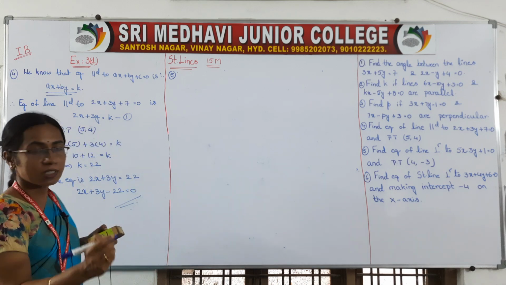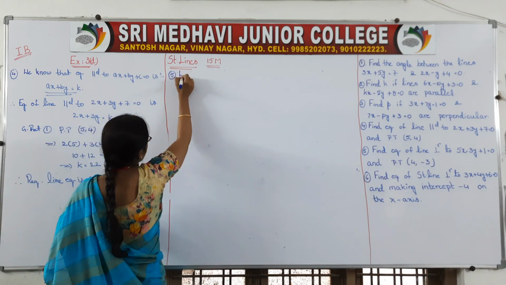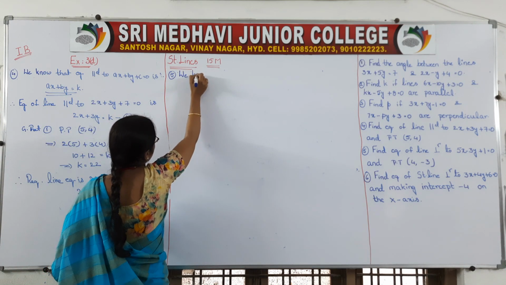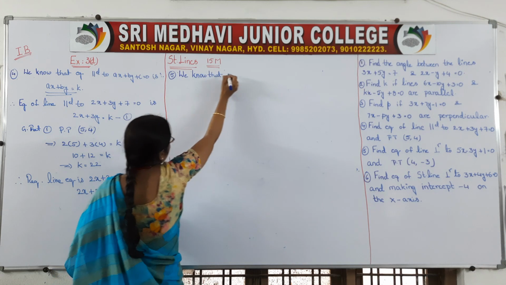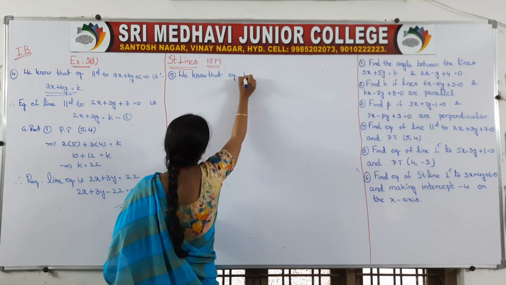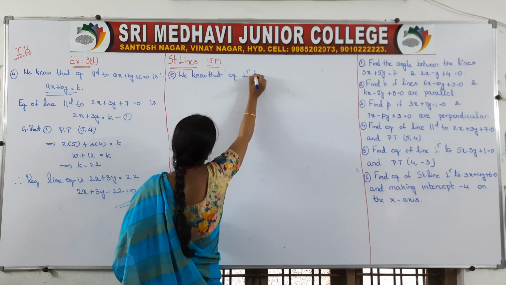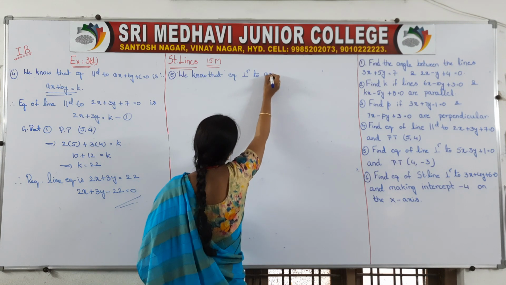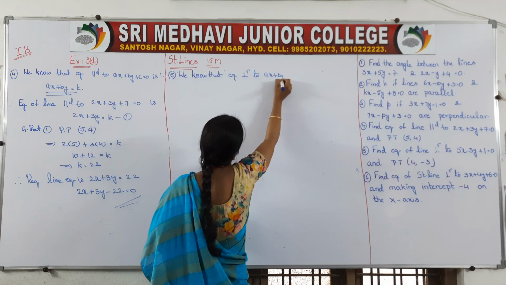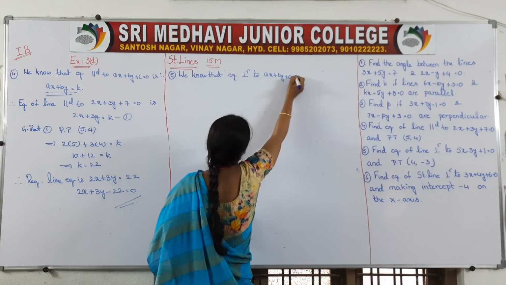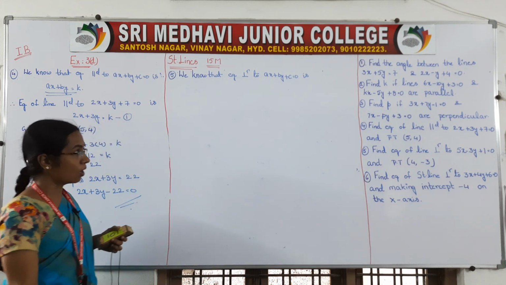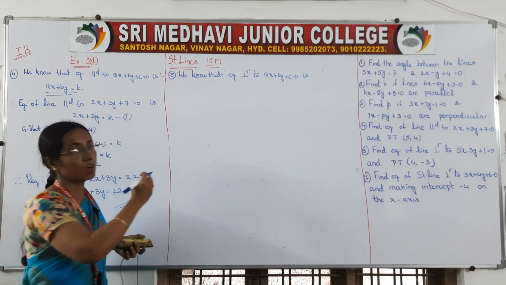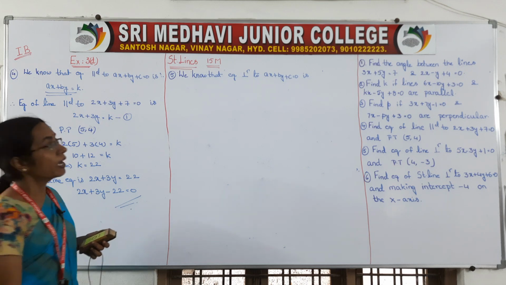We are doing 2 marks problems, right? So same, we know that the equation perpendicular to your general equation ax plus by plus c is equal to 0 is, already we discussed this, how x coefficient comes to y, y coefficient goes to x.